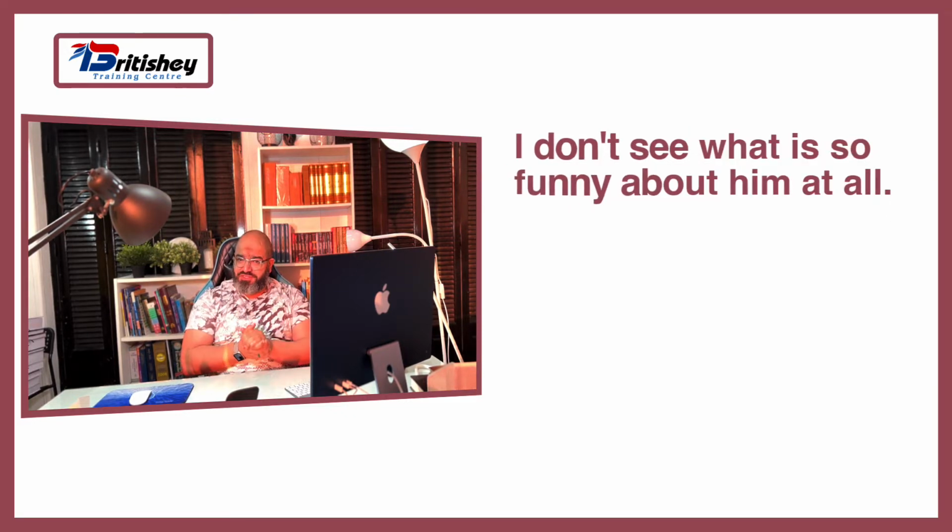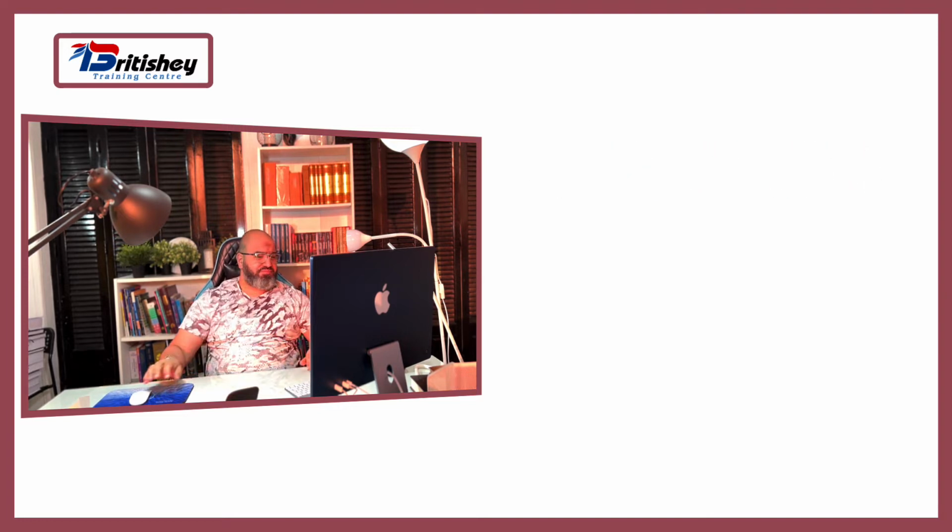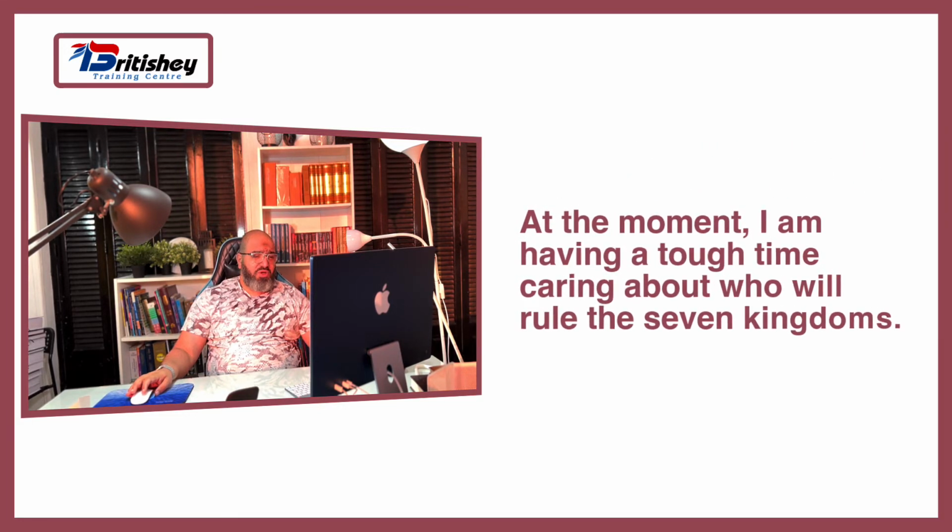Now let's see another example. Let's read it together. At the moment, I'm having a tough time caring about who will rule the 7 kingdoms. Okay, right. So we've got I as a subject, am having as a verb, a tough time, that's an object. And then we have caring about. About is a preposition.